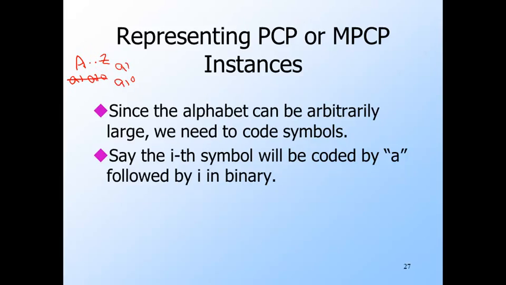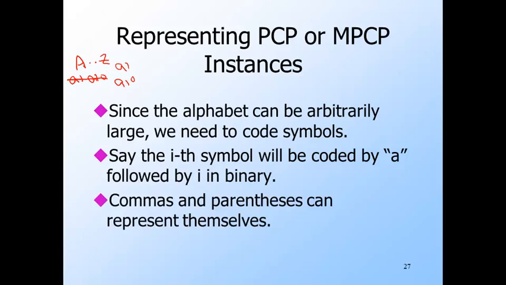It should be clear that the particular symbols used for the alphabet of a PCP instance does not affect the outcome. And the only other symbols we need to represent instances is the comma and left and right parentheses. Thus the language of PCP instances will have an alphabet of 6 symbols: the A, 0, 1, comma, left paren, and right paren.